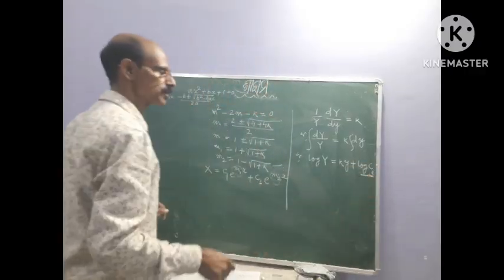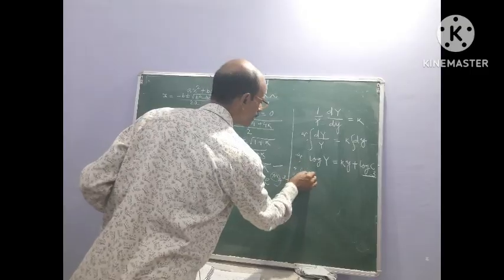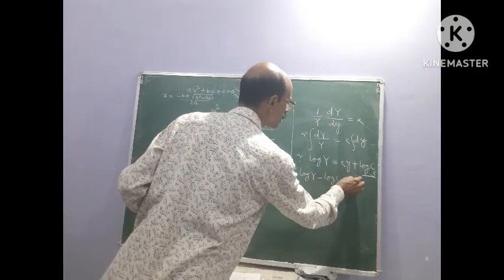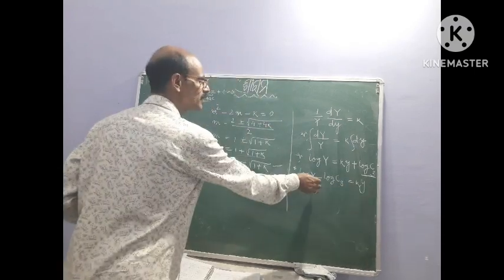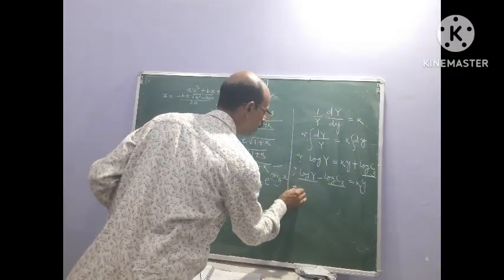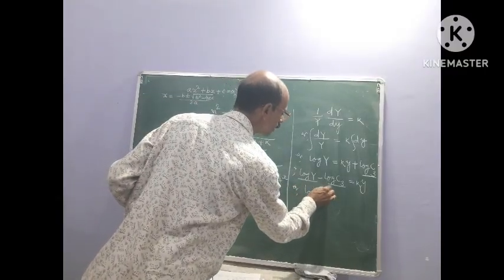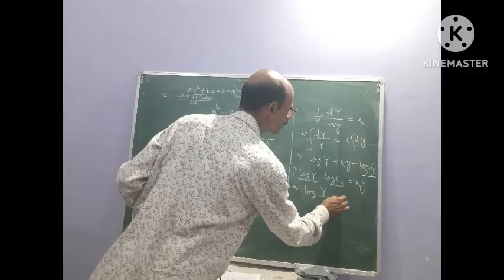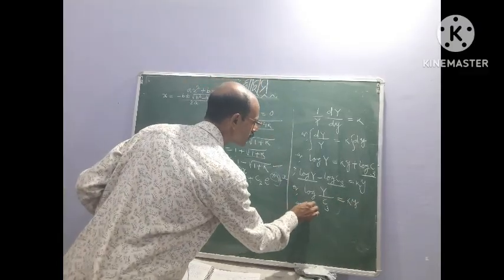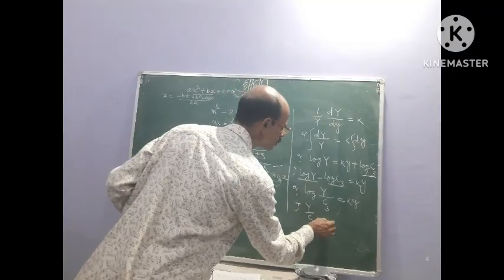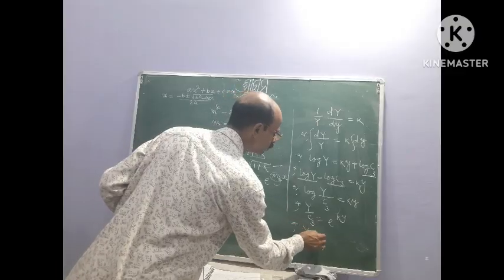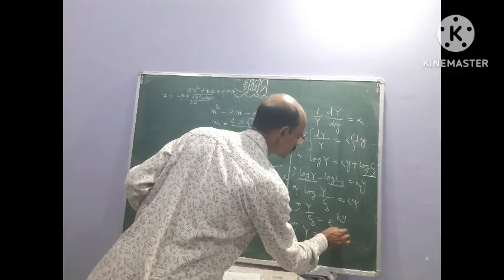This is the integration constant. From this we obtain log Y minus log c3 is equal to ky. Now use the formula log a minus log b is equal to log a by b, so log Y by c3 is equal to ky, or Y by c3 is equal to exponential ky, or capital Y is equal to c3 into exponential ky.